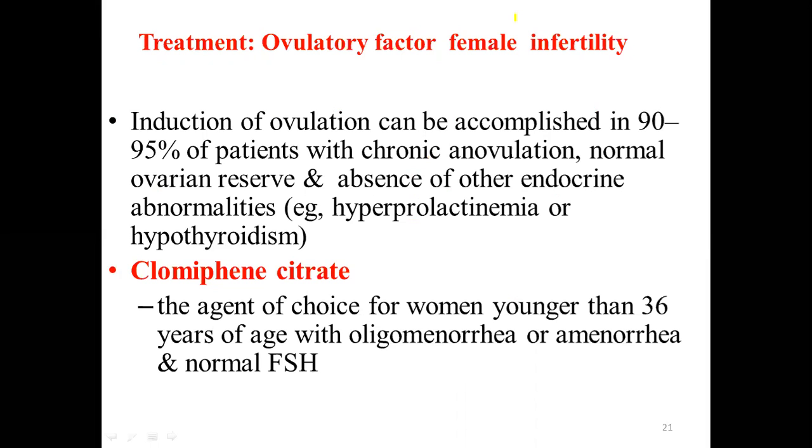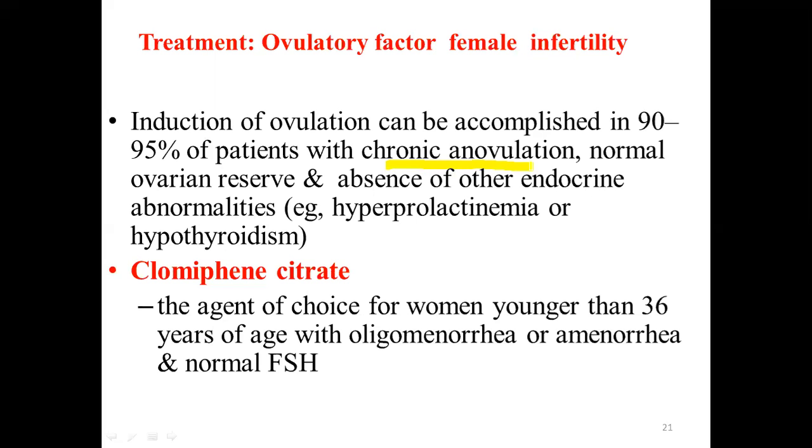So we do have pharmacological treatment modalities to induce ovulation. Remember, induction of ovulation can be accomplished in around 90% of patients who have chronic anovulation and normal ovarian reserve, but they do not ovulate despite the ovarian reserve being normal.